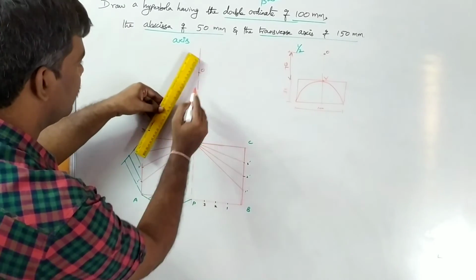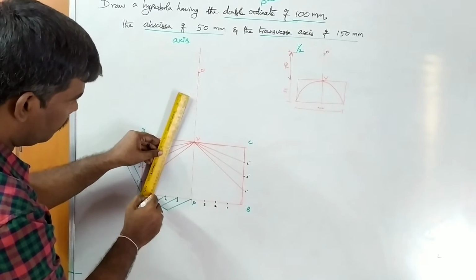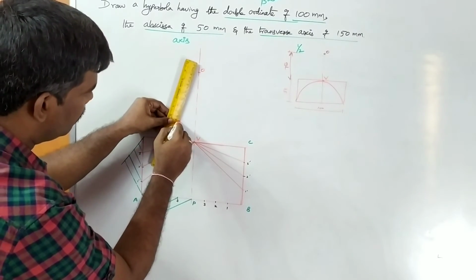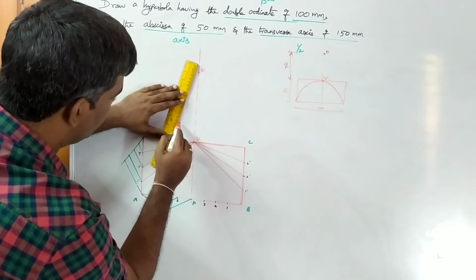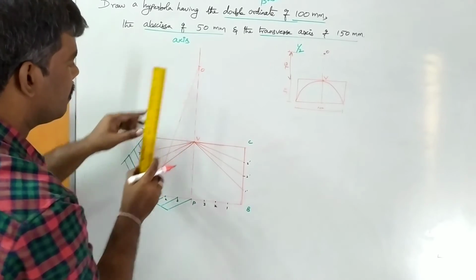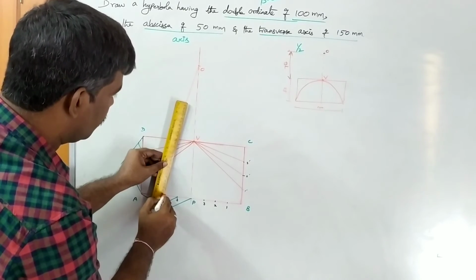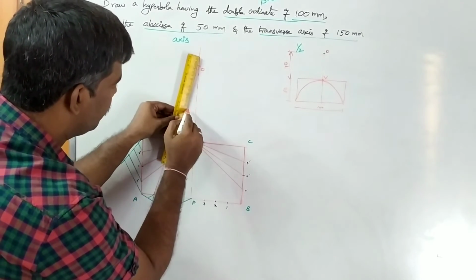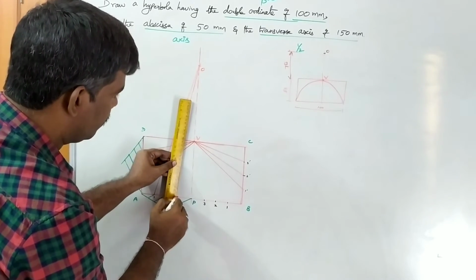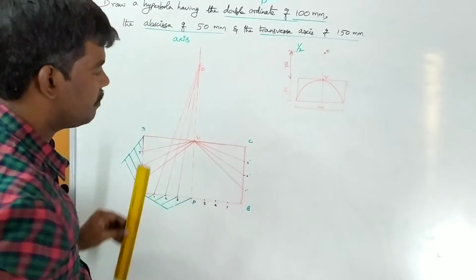Let us assume you join 1 O, 1 O. Next one is 2 O. Next 3 O. Clear?